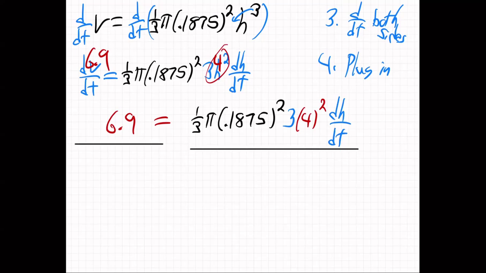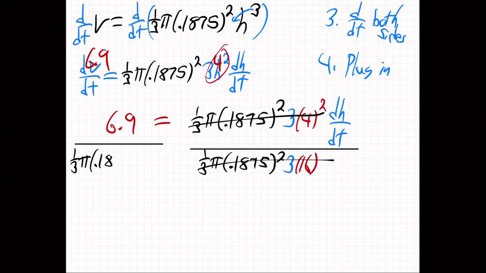Just divide both sides now by 1/3 pi, 0.1875 squared, 3. Now let's make that 16, 4 squared, right? So all of this will cancel. And the other side, same thing: 1/3 pi, 0.1875 squared, 3 and 16.